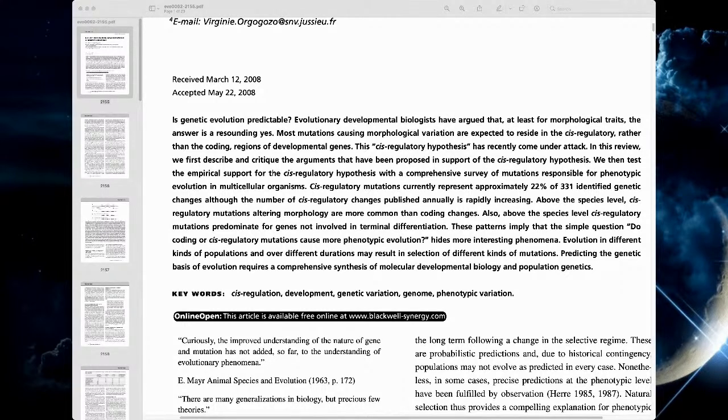All right. Is genetic evolution predictable? Evolutionary developmental biologists have argued that, at least for morphological traits, the answer is a resounding yes. Most mutations causing morphological variation are expected to reside in the cis-regulatory rather than the coding regions of developmental genes.